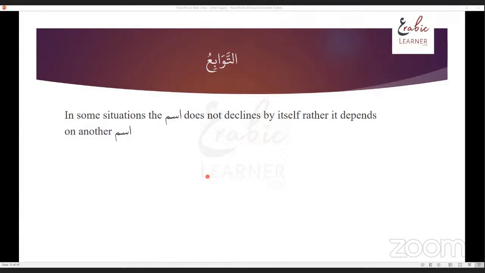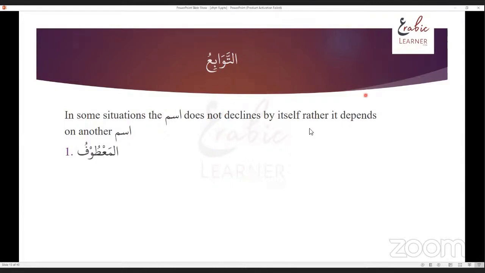There is no harfu jar before it, and it is not coming as mudaf ilayh, but it is dependent on some other ism, and looking at that ism, it will also become majroor. How? You will know it very soon, don't worry. And some of it you know already, but you have not known that it was part of Tawab'i. Okay?